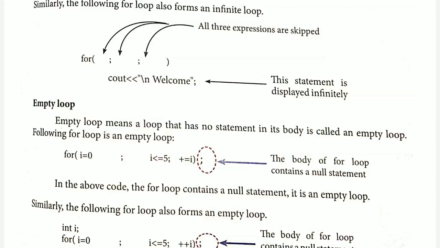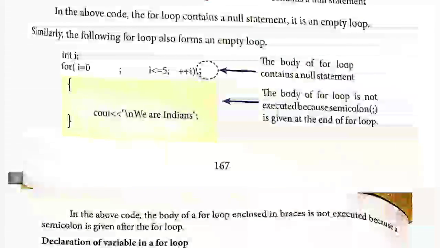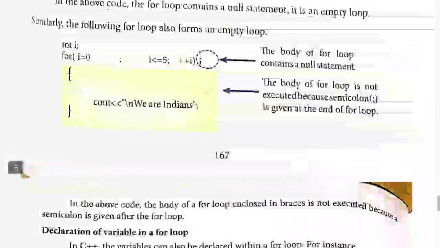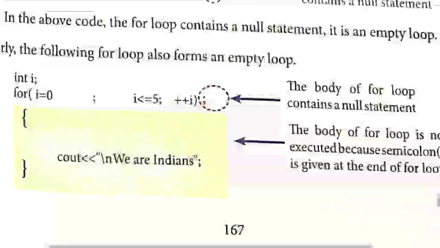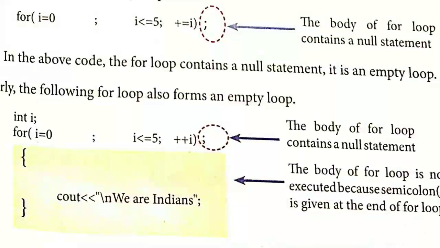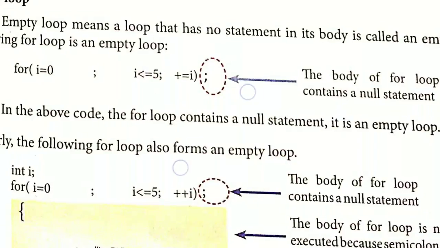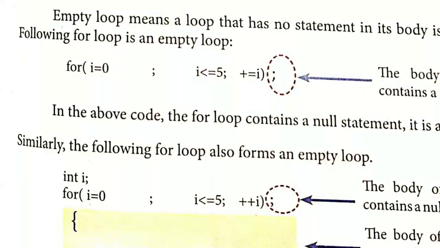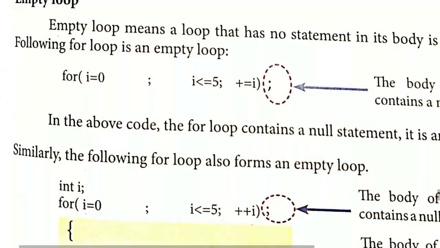It will not execute any statement because it doesn't have any statement as a body of the loop. That is indicated by this semicolon. The body of the loop is empty, shown by the semicolon at the end of it.